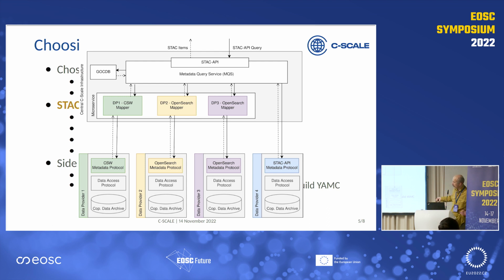In the end, this final way, where everybody is exposing their own STAC interface and the metadata query service just redistributes and collates the responses to the queries, was the overwhelmingly adopted way of doing things. So at this moment, all partners in the federation expose their own STAC interface.